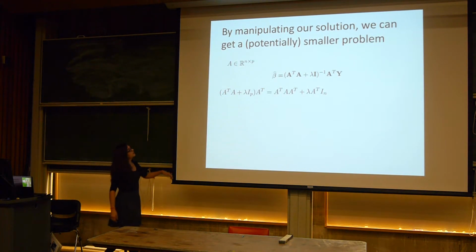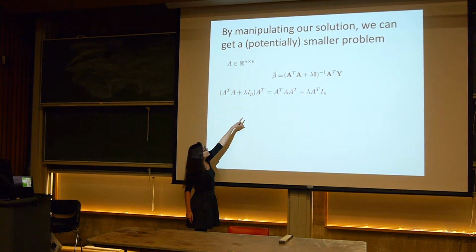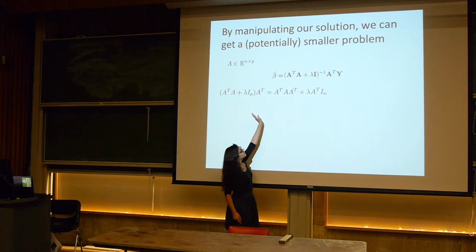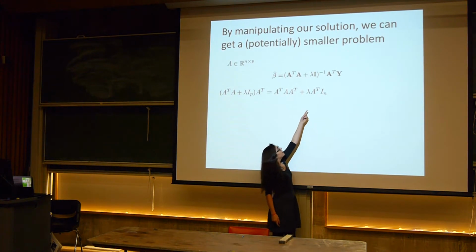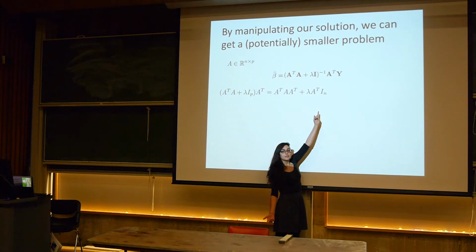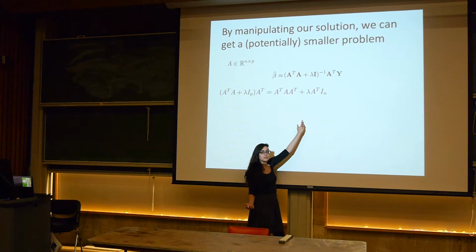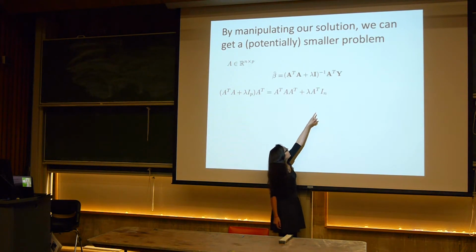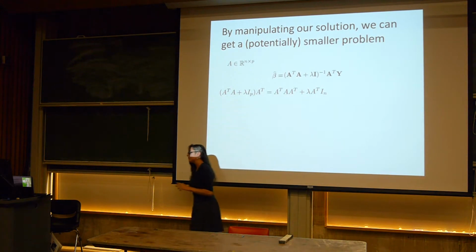Let's look at this quantity and distribute this right multiplication of the A transpose. Now we have this multiplication. And notice that I can put an identity of size n here because multiplying by 1 doesn't do any harm, and this A transpose is p by n.